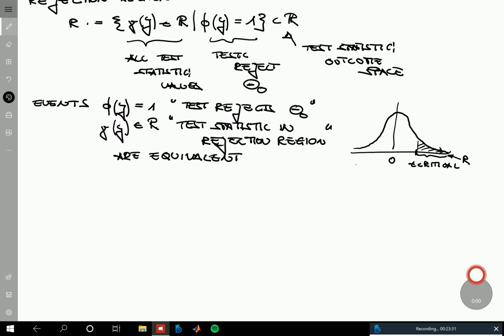Yeah. So why this is important is because we will now define test error probabilities with respect to the test, so with respect to the phi, whether the phi is 1 or 0.